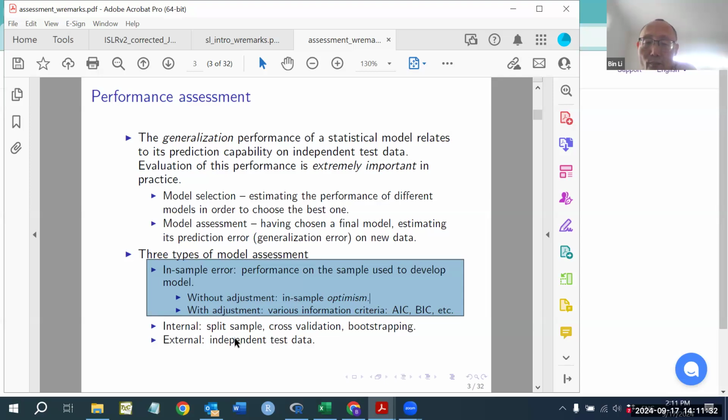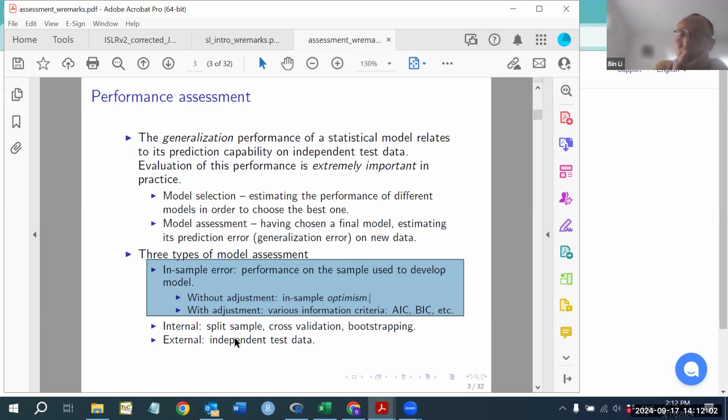But what about the external approach? External is very useful if we have a big data set, a large amount of samples. In that case, a part of the data can be used to evaluate the model performance as a test sample, because we have enough samples to fit the model and evaluate.